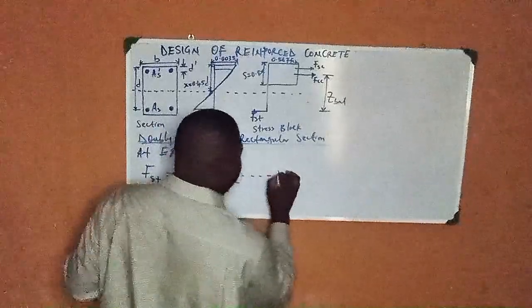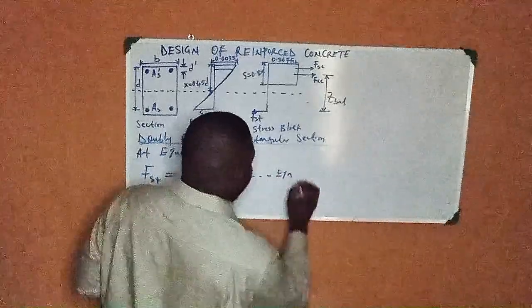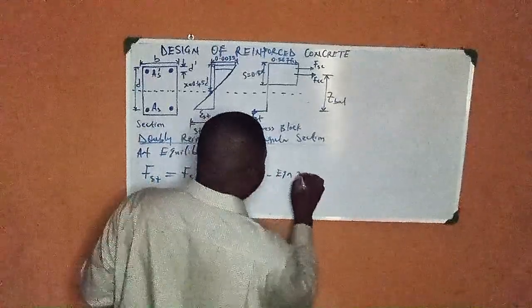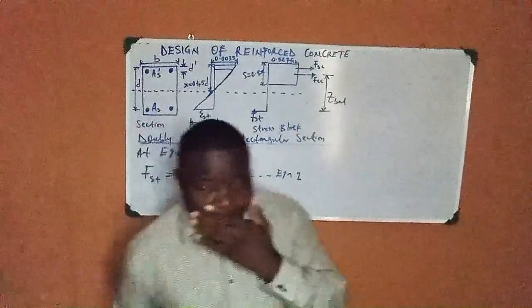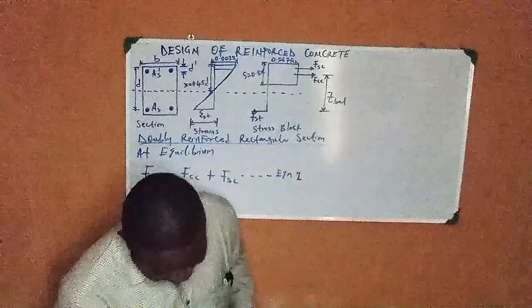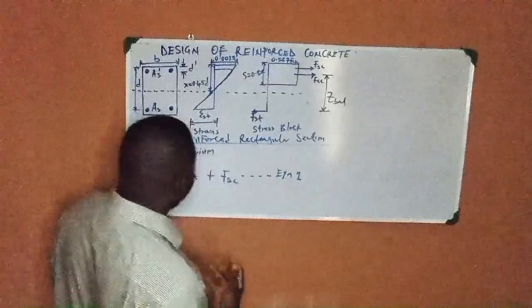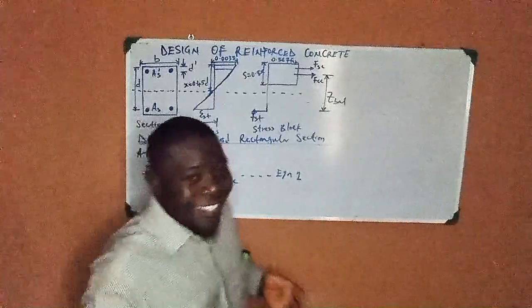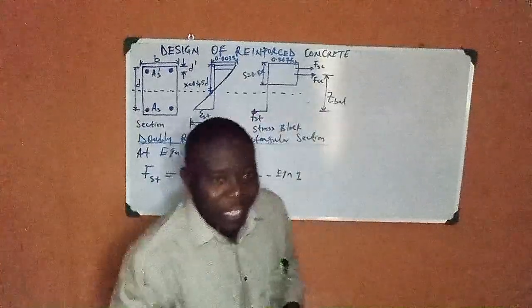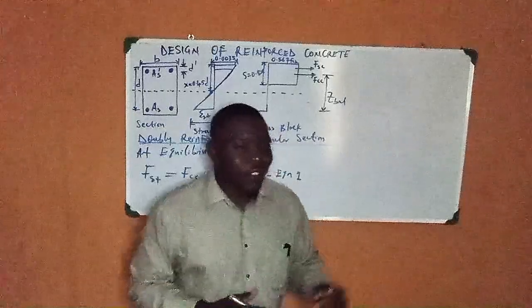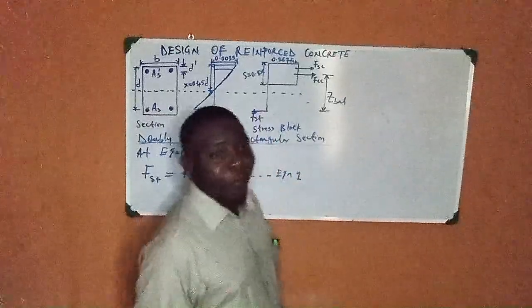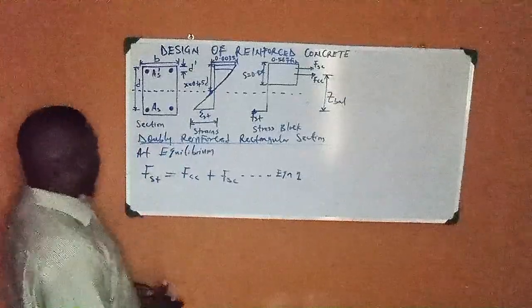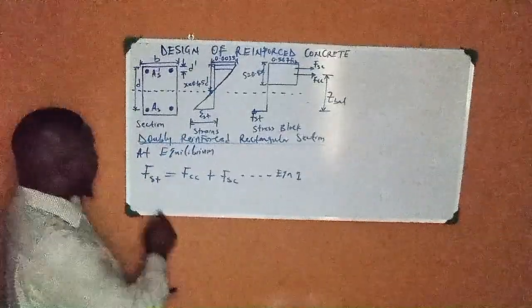Let's call this our equation 1, for simplicity. Mind you, what we said last time is that when the design moment is greater than the ultimate moment of resistance, you have to provide reinforcement in the compression zone.